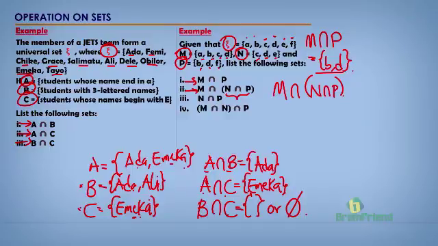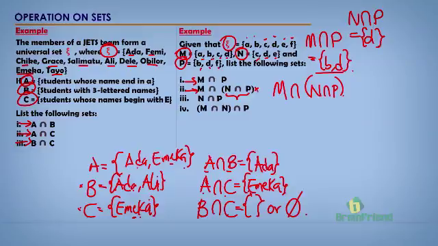If we found N intersection P, we would have a set whose elements are common between N and P. Let's do a quick comparison of our sets N and P. The common element that we have is D. And we have D only as our intersection.